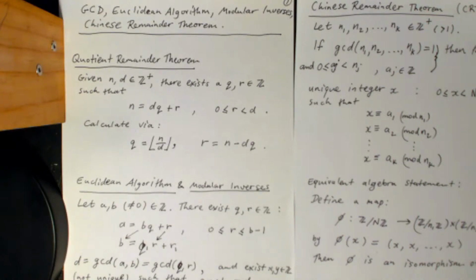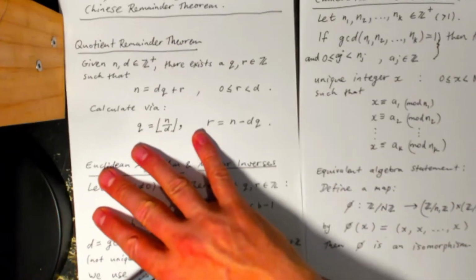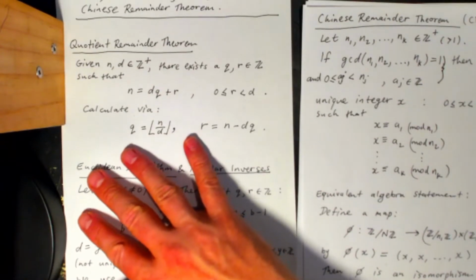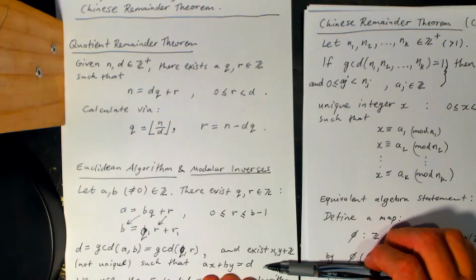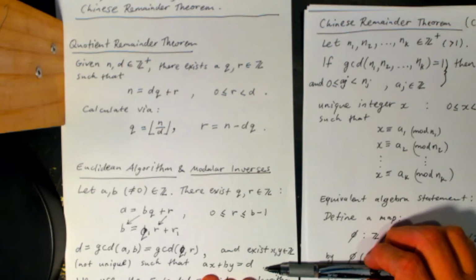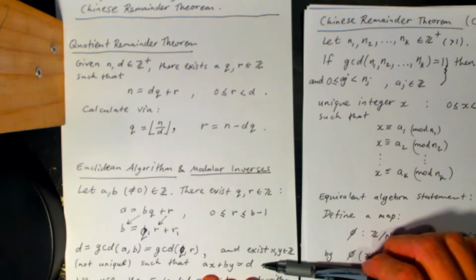Okay, and so once you've got the GCD, there's an extended part of this algorithm called the extended Euclidean algorithm that allows you to solve this Diophantine equation right here: ax plus by is equal to d for integers x and y.